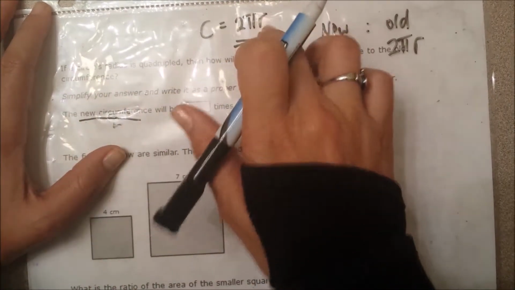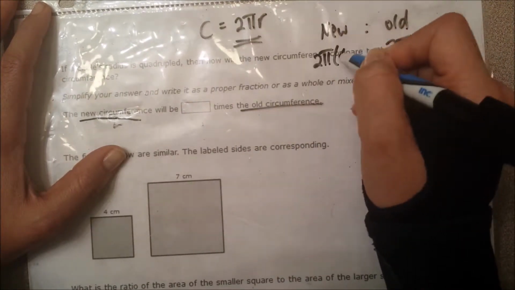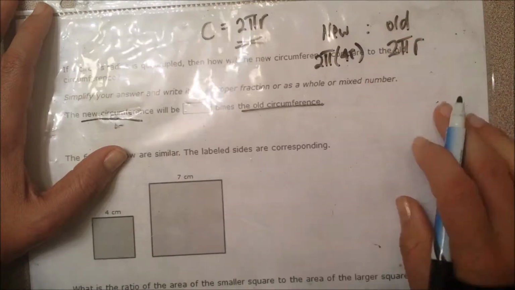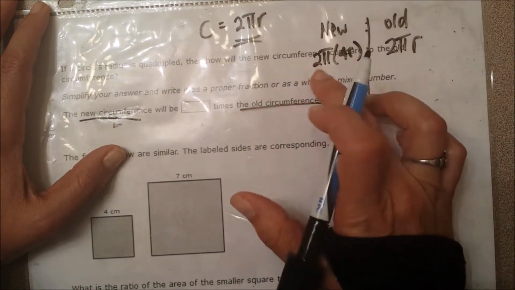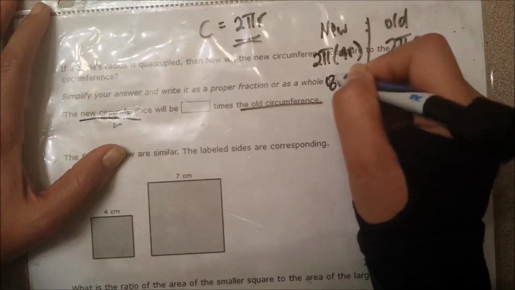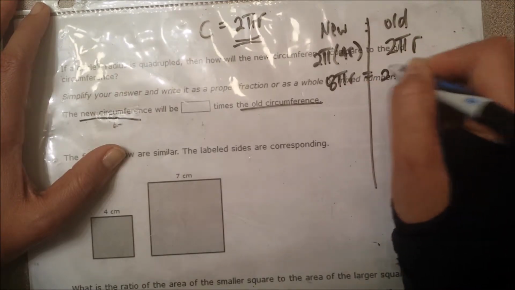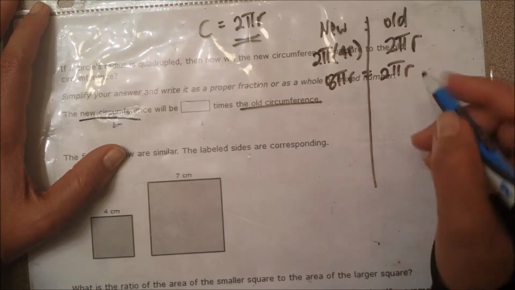I'm going to quadruple the radius. So instead of 2 pi r, it's going to be 2 pi and then 4 times r. I'm just going to make this simple: 2 pi times 4r, you just multiply the numbers, is 8 pi r, equals 2 pi r. Okay, we can go ahead and simplify both sides.